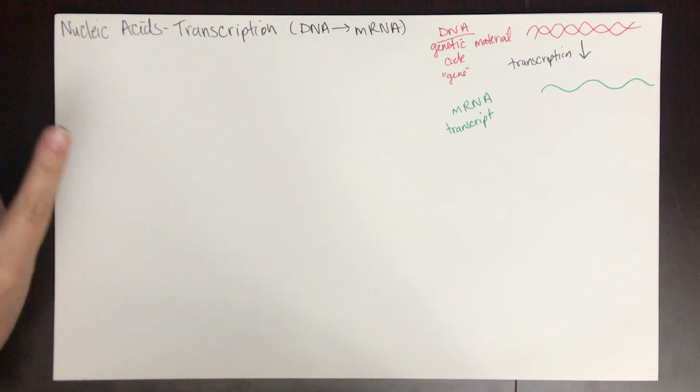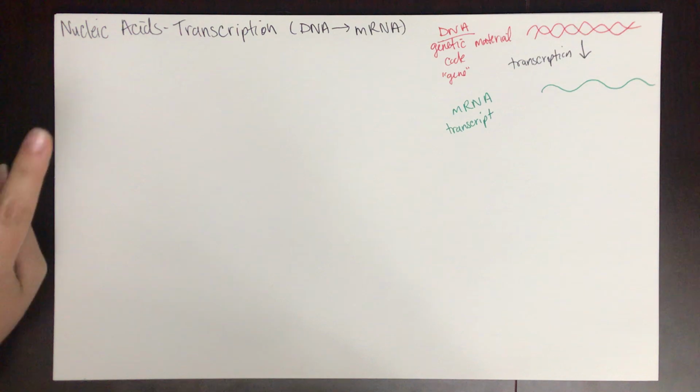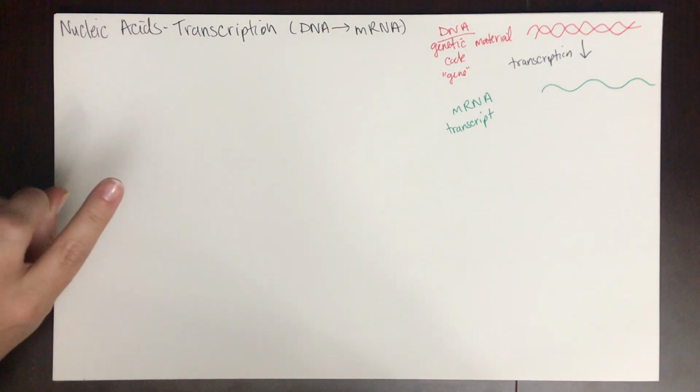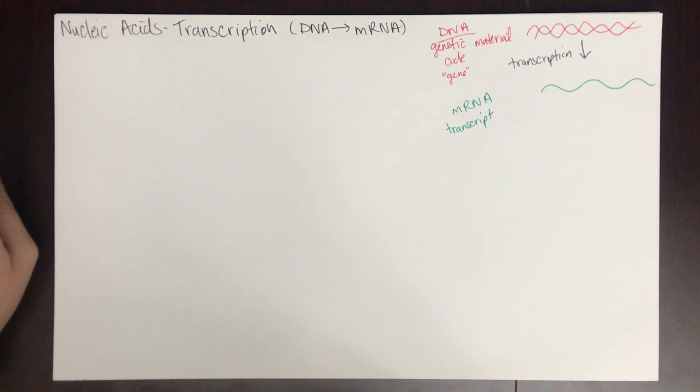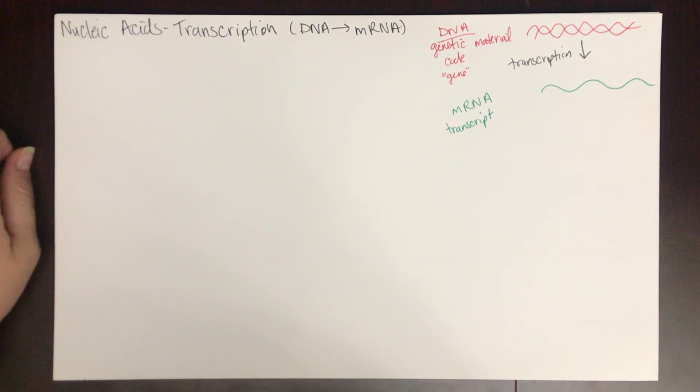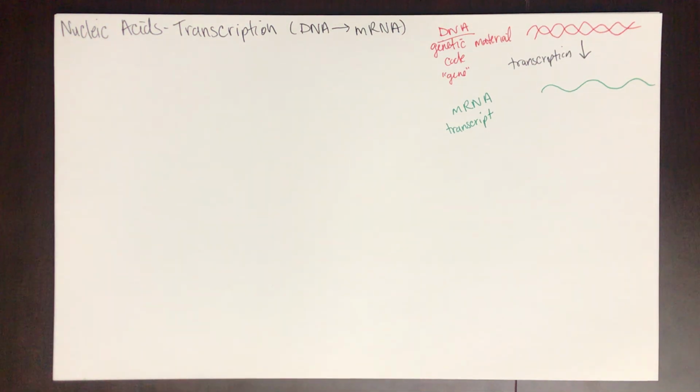So I would expect you to be able to differentiate between mRNA and DNA because RNA has a different sugar than DNA. RNA is single-stranded. DNA is double-stranded. And they use different nucleotides. DNA uses the nucleotide thymine. mRNA uses uracil. Okay, so we are going from DNA to RNA.